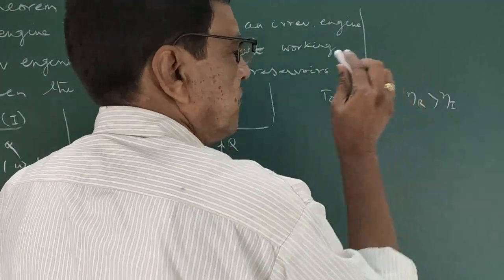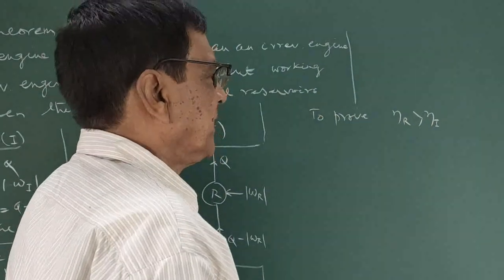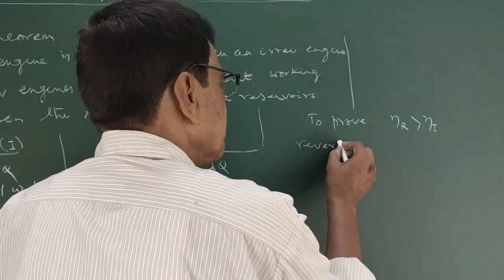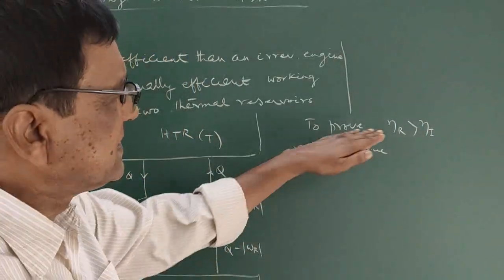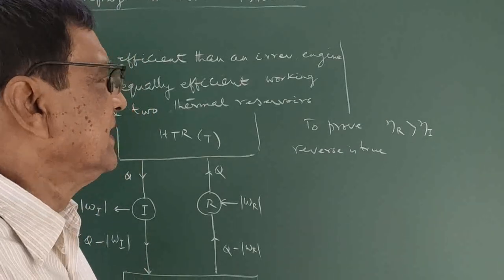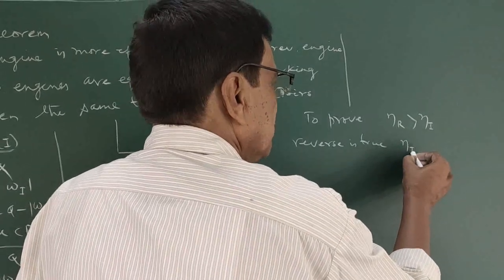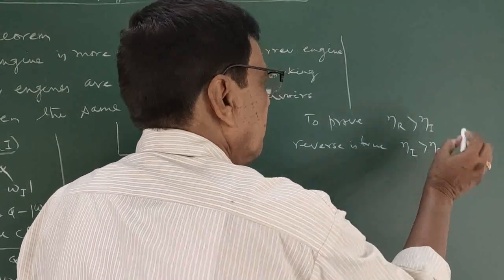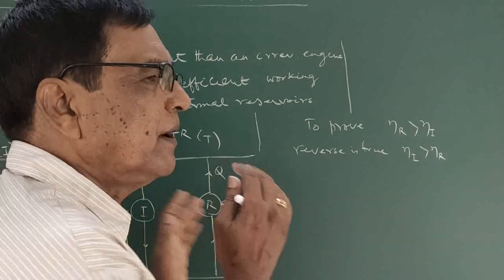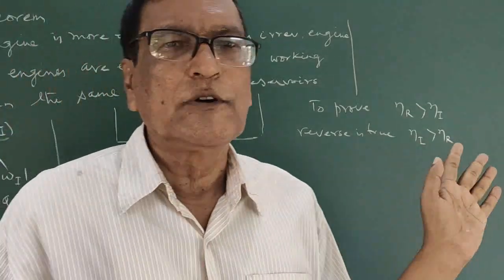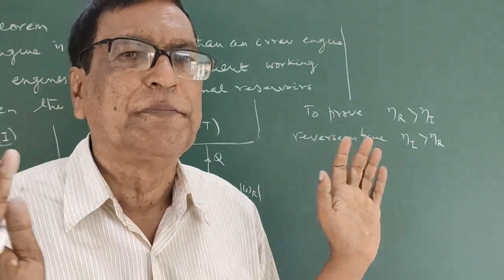If it is not possible, if this assertion is false, then the true assertion is the reverse one, meaning the efficiency of I is greater than the efficiency of R. If we consider this and build up a coupled engine, then we shall be able to prove that it violates the Planck-Kelvin statement.